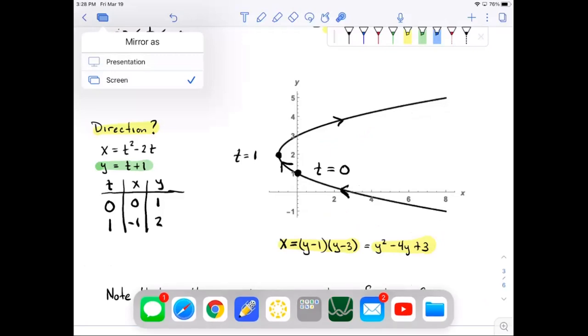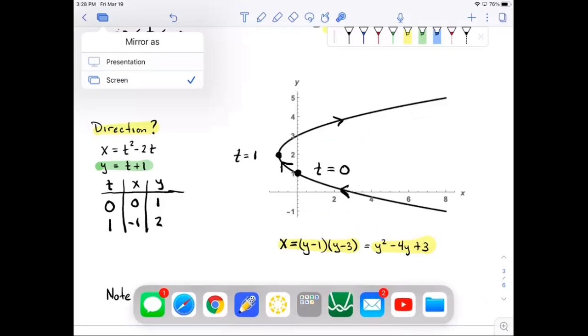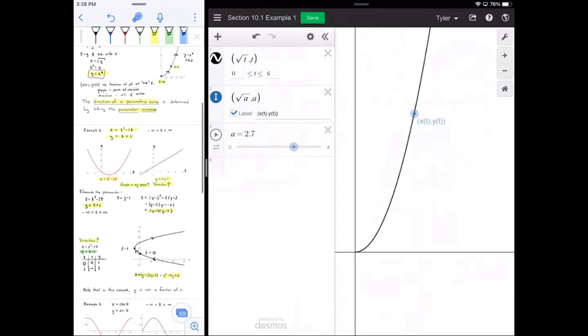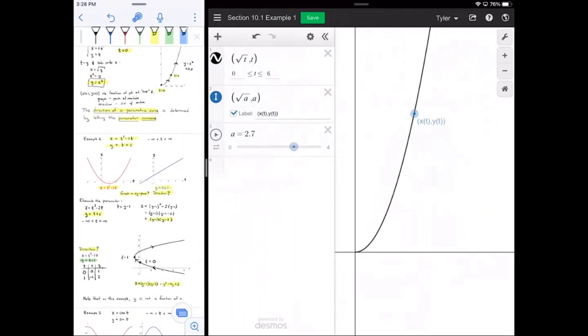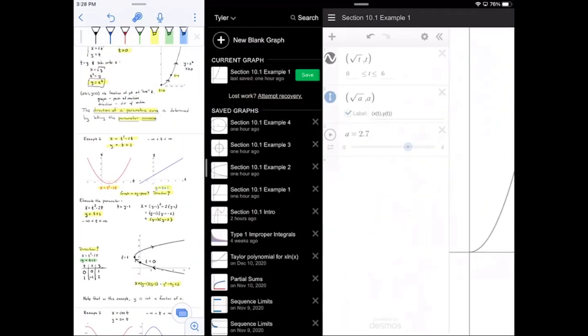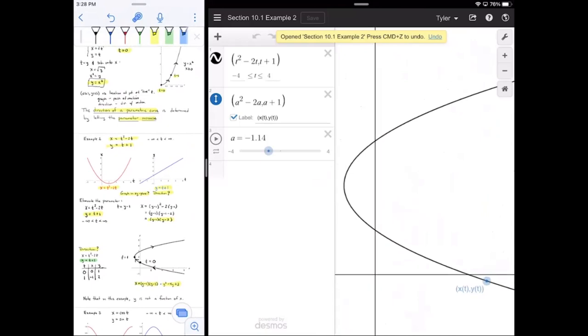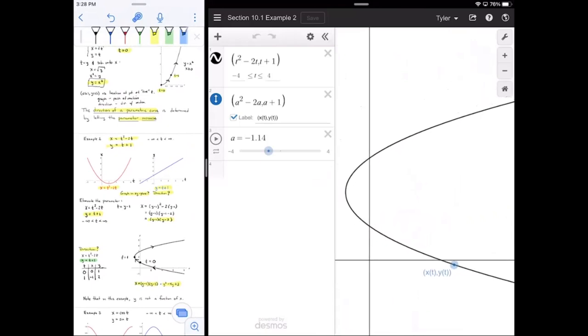I wish there was a somewhat quicker way to do this, but it's not too bad. If I can get my finger on that button. So I'm just going to slide this over here, and I have to select it. So let me pick my second example here in Desmos. Can change the scale a little bit. So you can see that's the parabola we were just talking about.